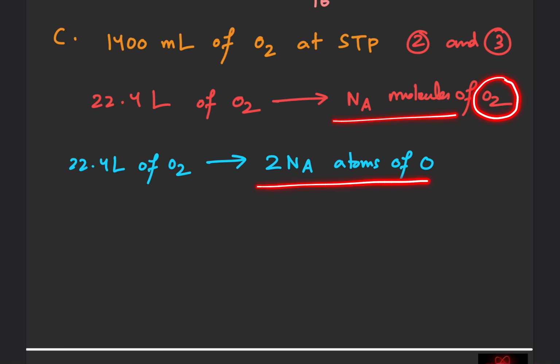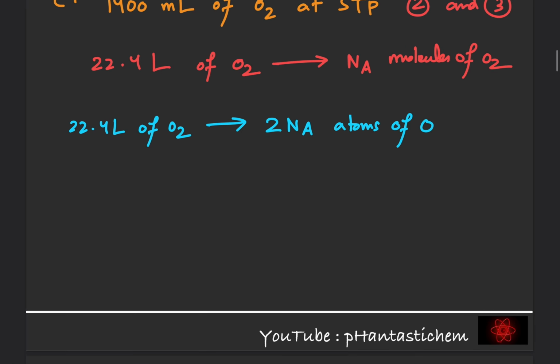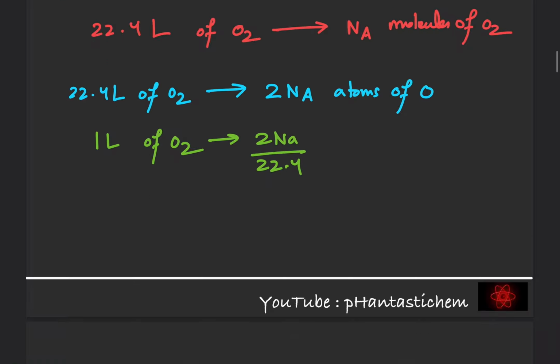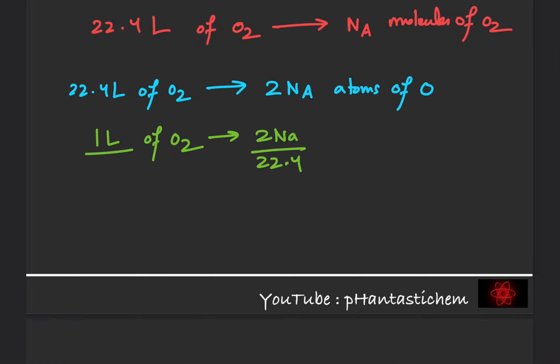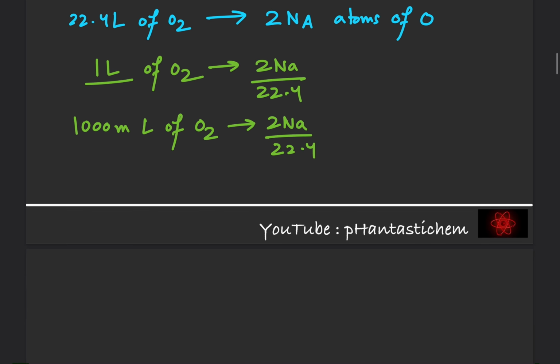So 1 liter of O2 will have 2 Na by 22.4 atoms of oxygen.